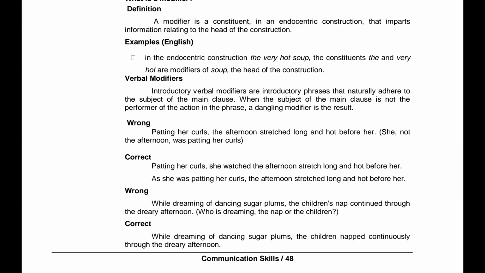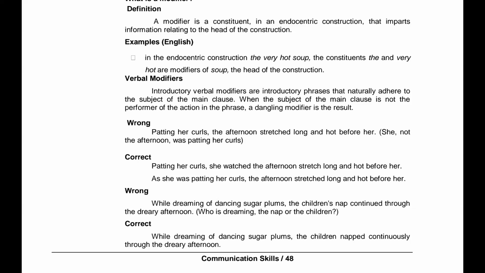So when you talk about the verbal modifiers, the introductory verbal modifiers are introductory phrases that naturally adhere to the subject of the main clause. So when the subject of the main clause is not the performer of the action in the phrase, a dangling modifier is the result.